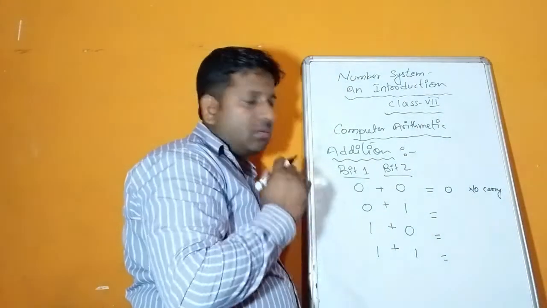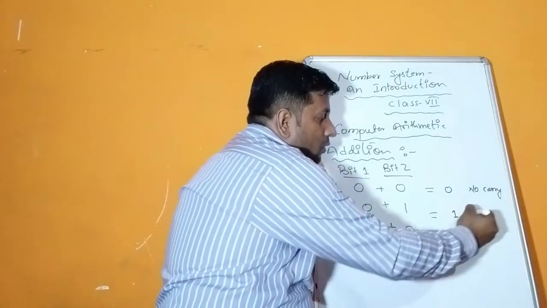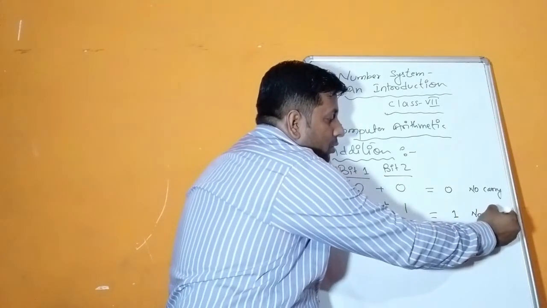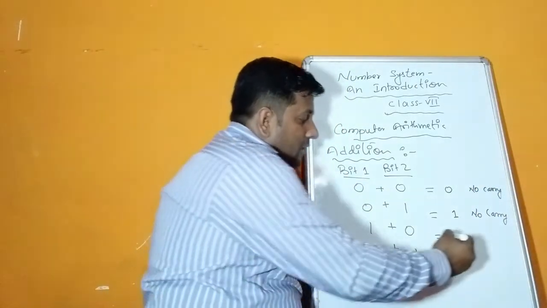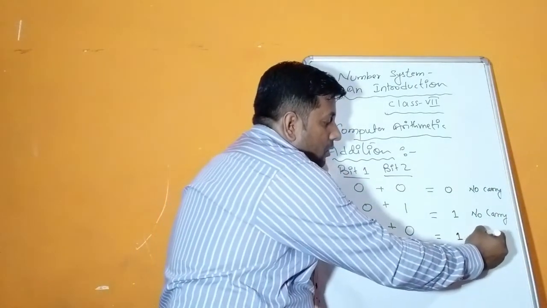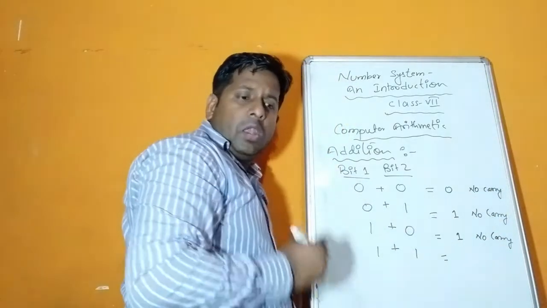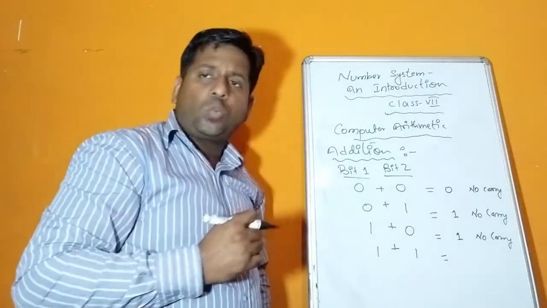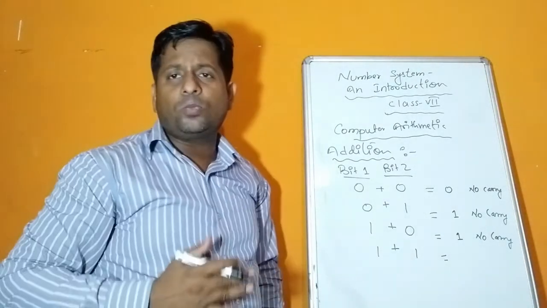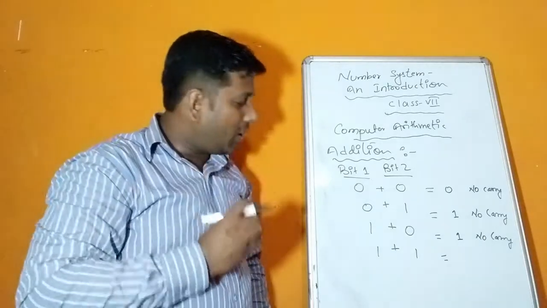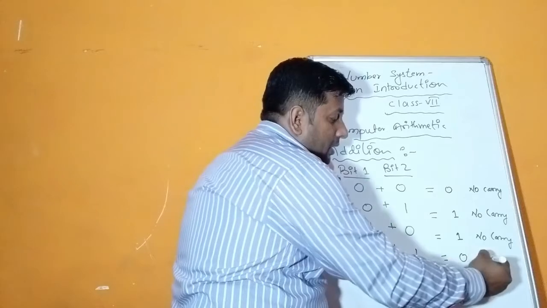Same with 0 plus 1, the answer is 1 with no carry. 1 plus 0, the answer is 1 again with no carry. Now when we have 1 plus 1, usually we write 2, but in binary we can't write 2 because 2 is a decimal number.